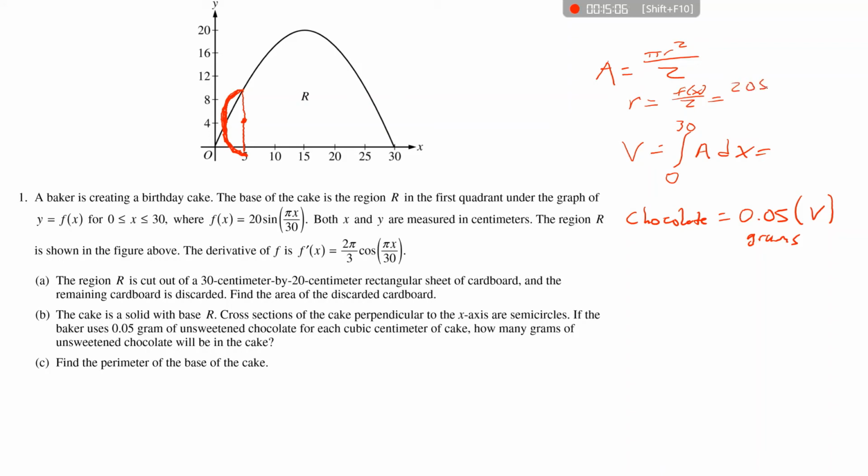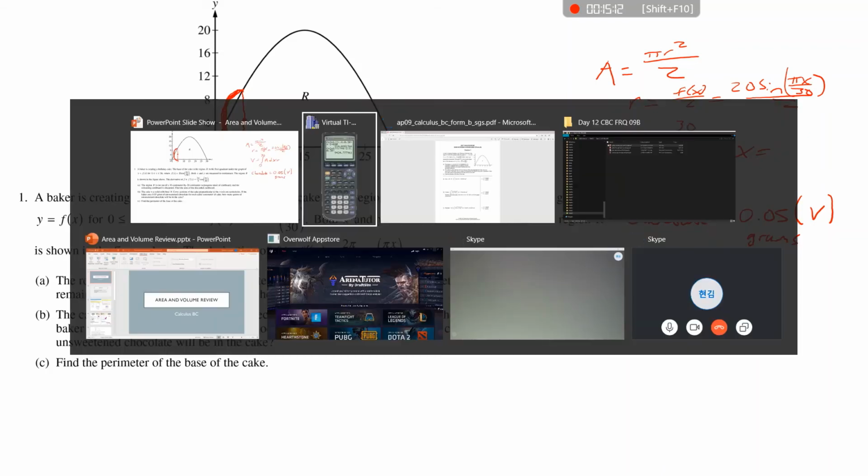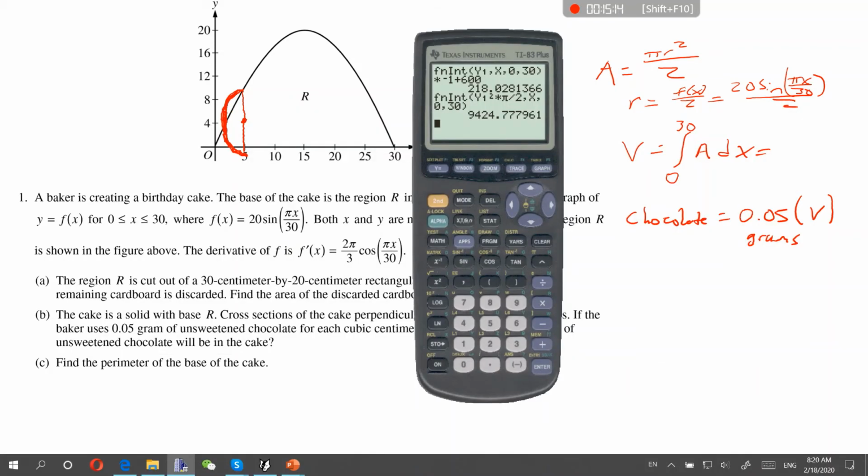20 sine pi x over 30 divided by 2. Okay, cool. So let's go back. Second entry. So we can divide by 4. No, we have to do square first, so it's more complicated.